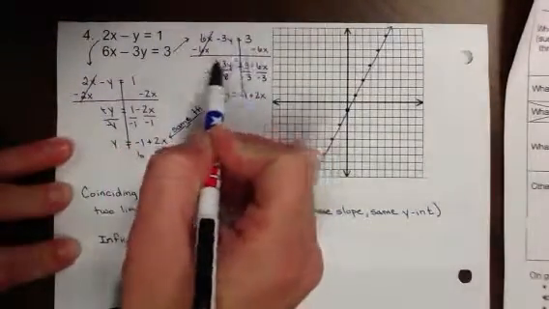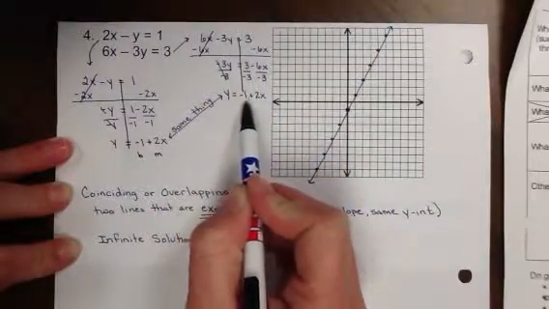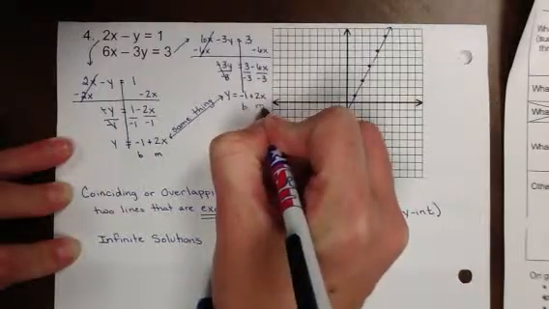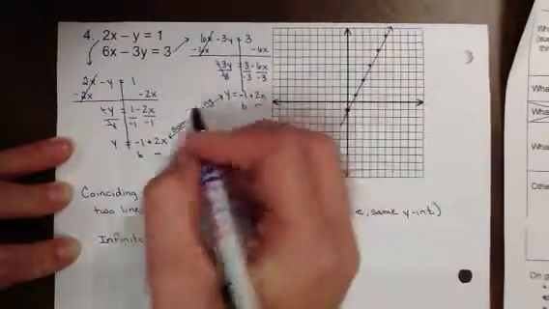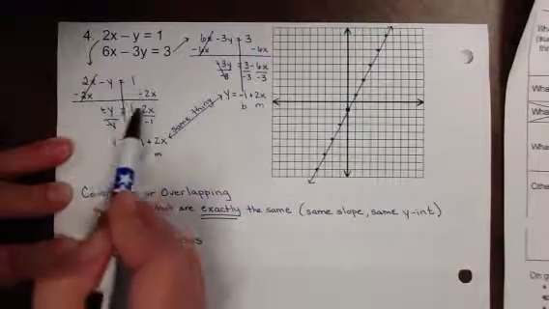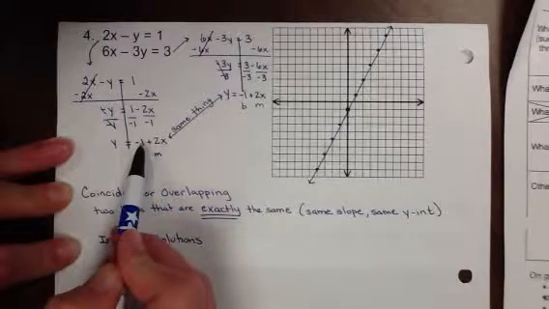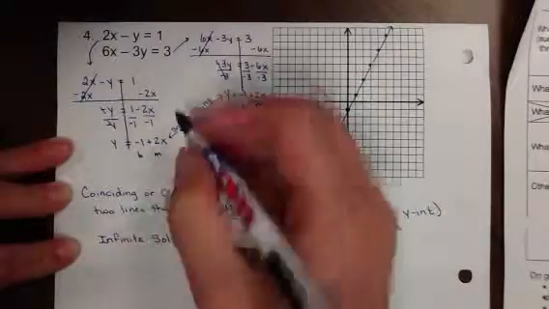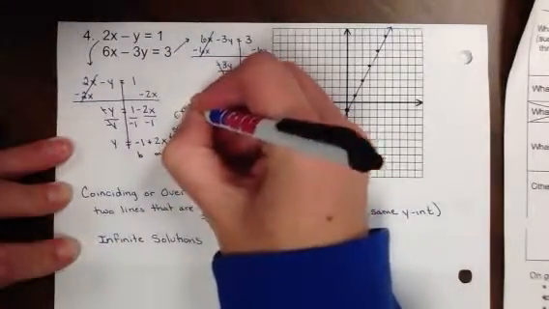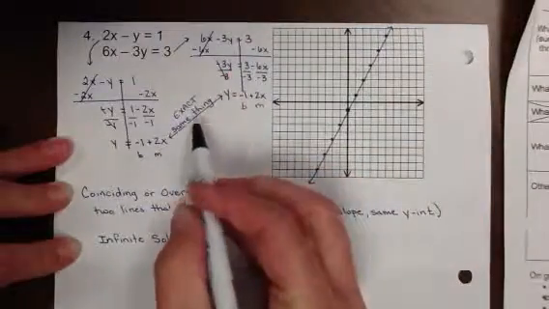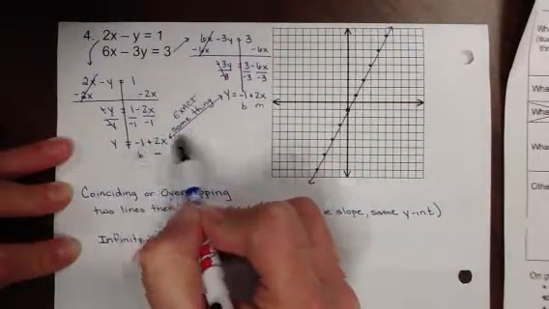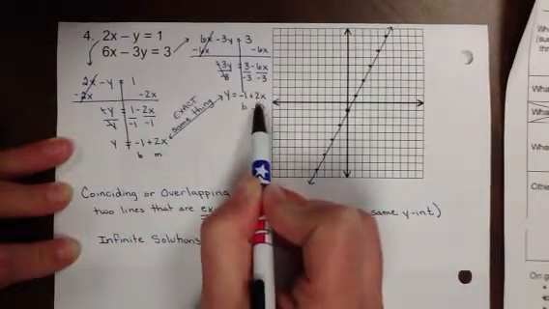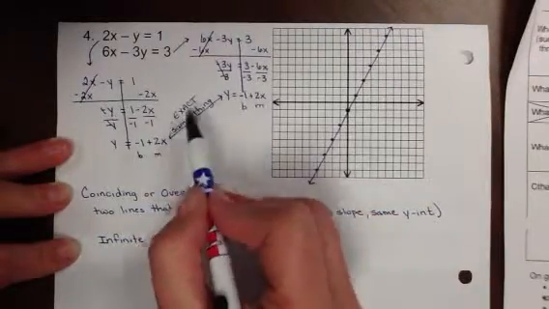Here, when we solved the equation and simplified, we got a b value of -1 and a slope of 2x. For this equation, when we solved it, we got y equals 2x - 1, a b value of -1 and a slope of 2. Notice they are the exact same. The b value is -1, b value -1, slope is 2, slope is 2. They are the exact same equation.